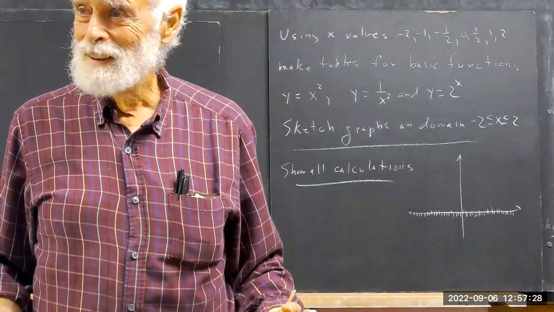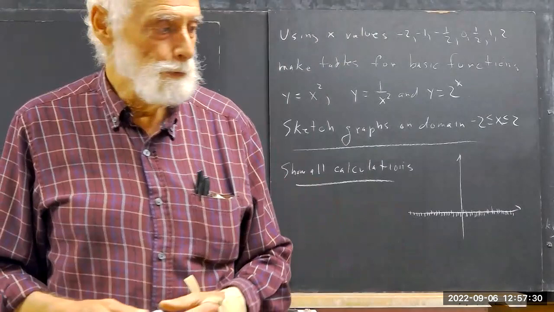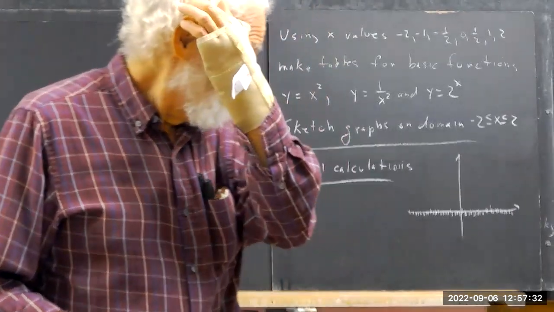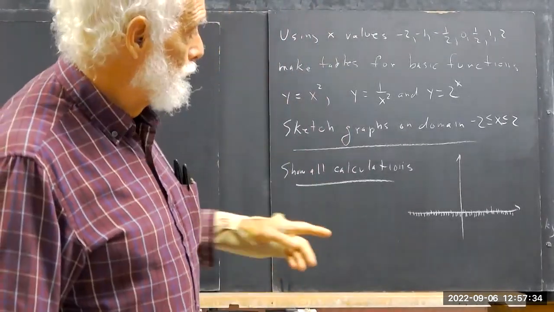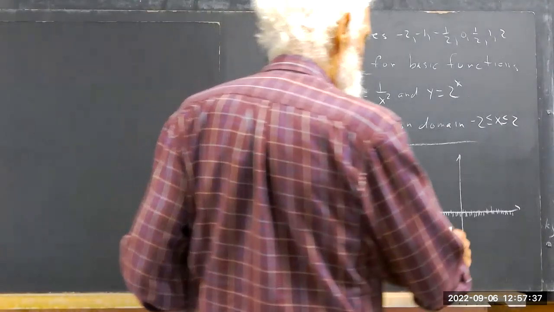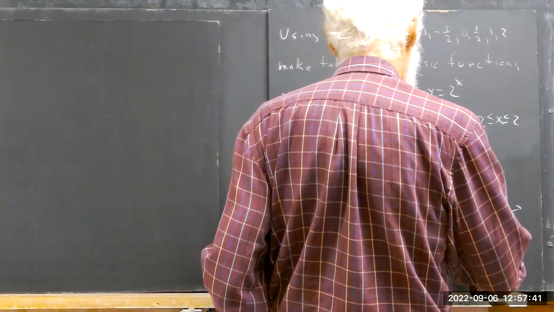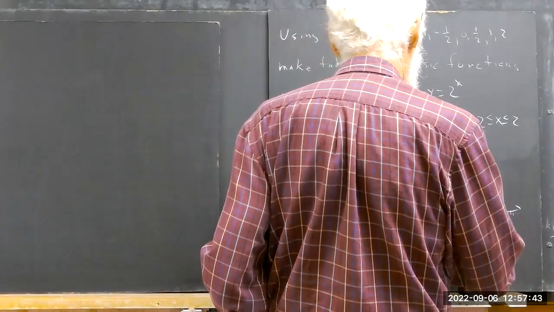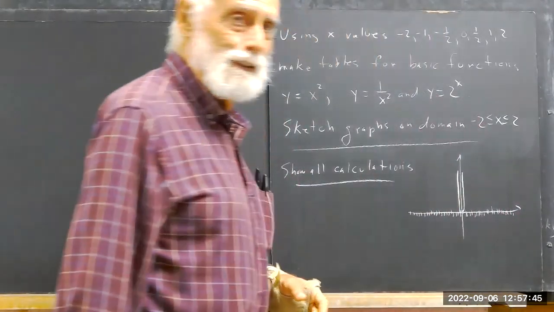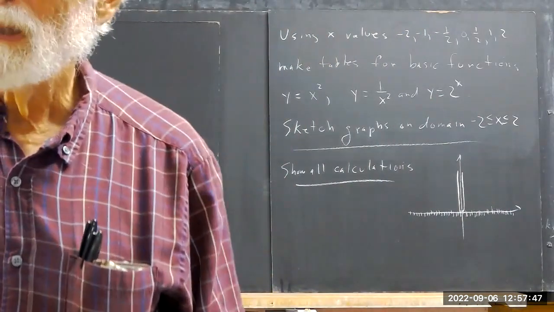Well, it's probably out of habit, which means you learned something. Okay, that's understandable. But you want to get out of the habit because you don't want the graph to look like this. You can't make estimates on that.